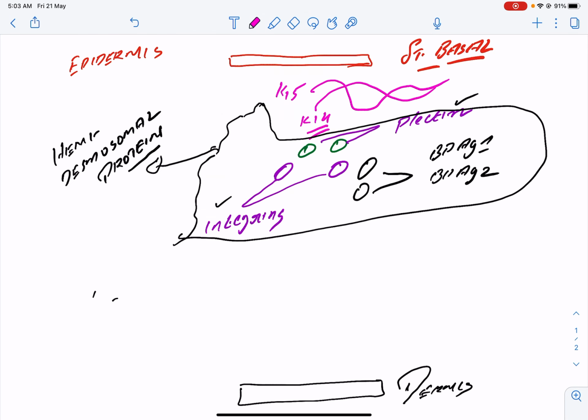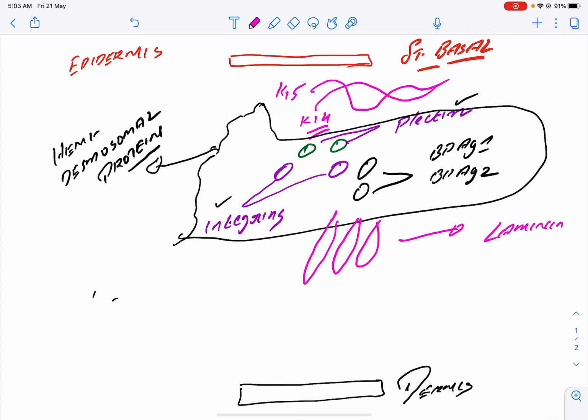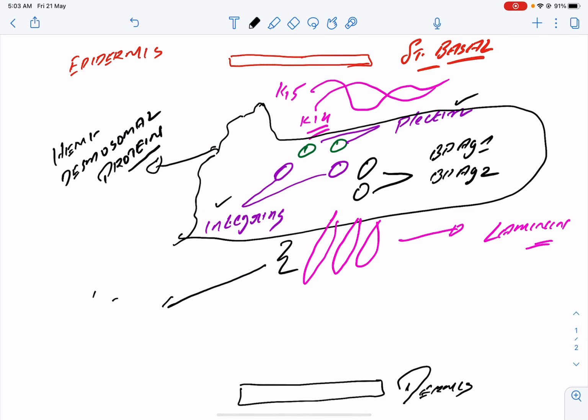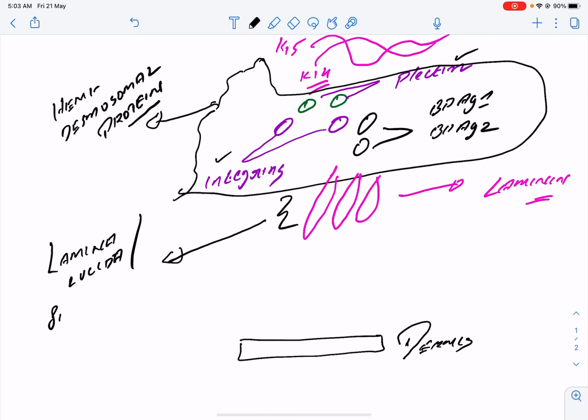There is a protein or layer called laminin that attaches here. All this laminin together is called the lamina lucida, or we also call it the salt split layer. Remember that too.